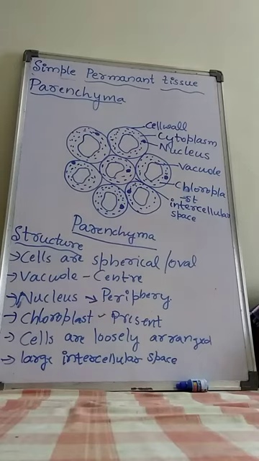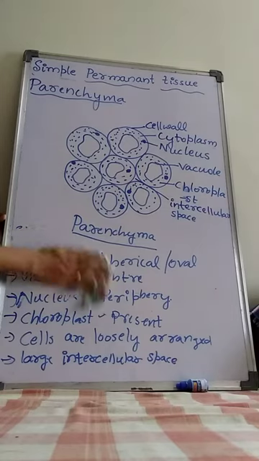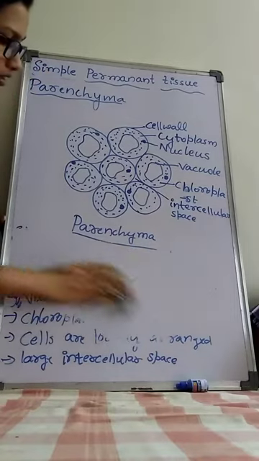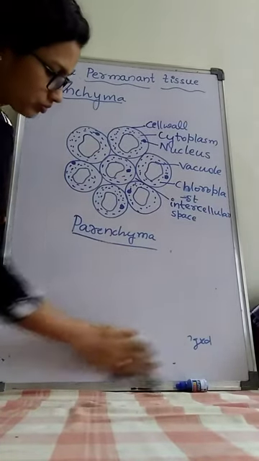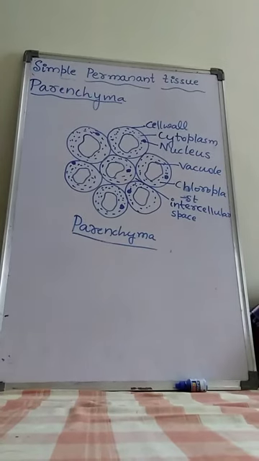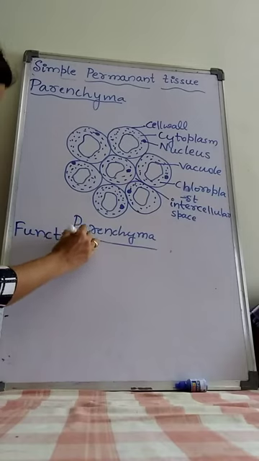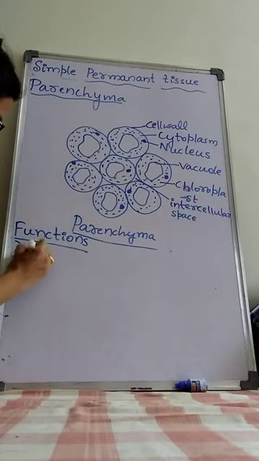This parenchyma is present in all parts of the plant, such as stem, root, leaves, flowers, fruits, etc. The important function of parenchyma is storage.